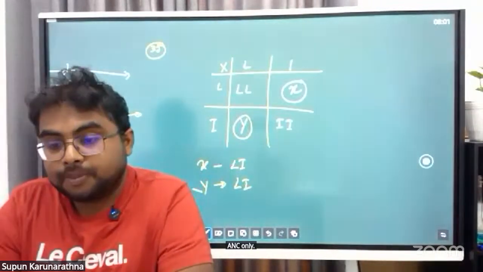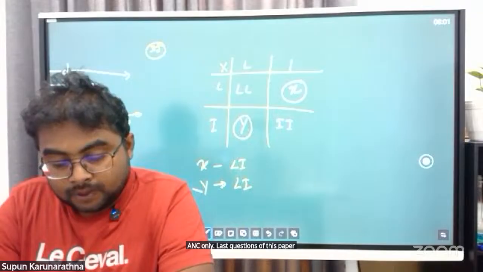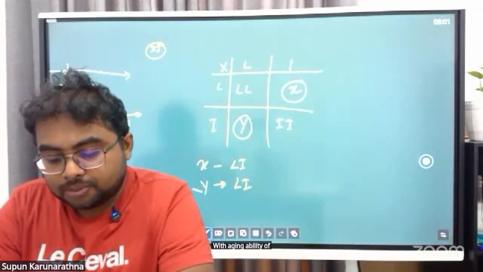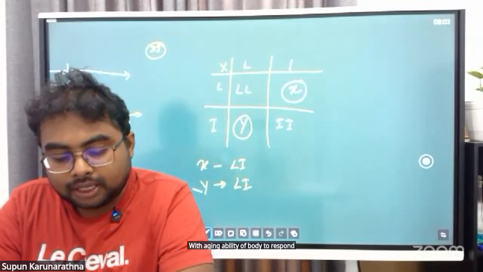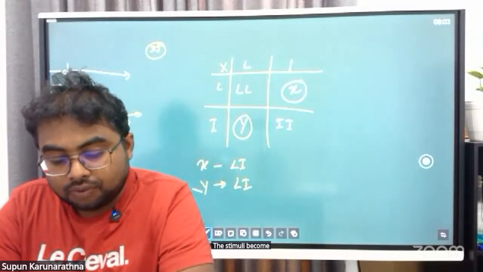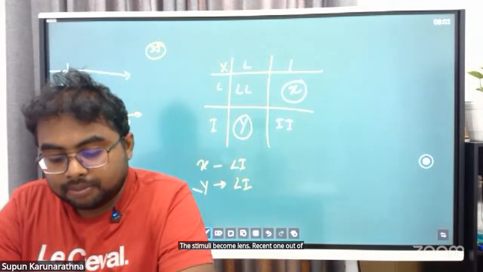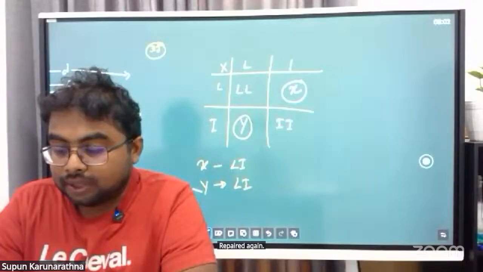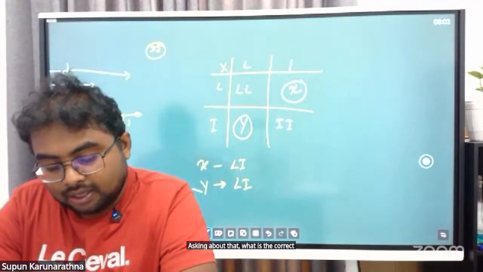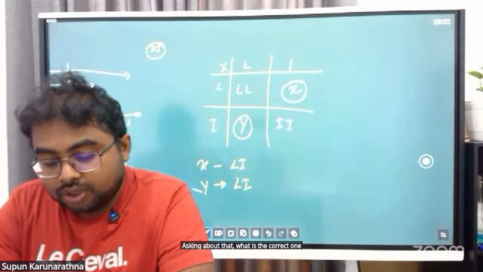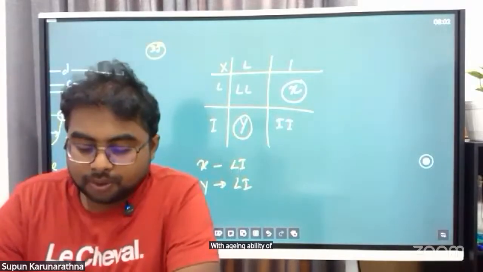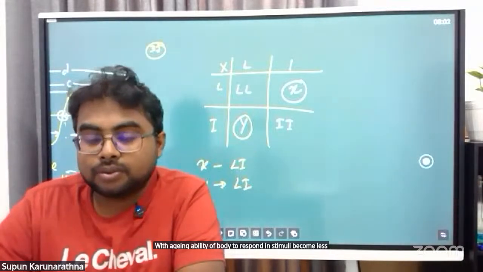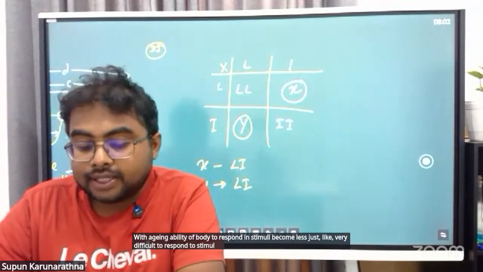Last question of this paper. With aging, the ability of the body to respond to stimuli becomes less. Reason: worn out nerve cells can be repaired again. Asking what is the correct one. Yes, it is very difficult to respond to stimuli with aging, that is correct.